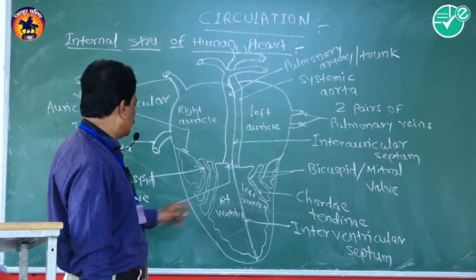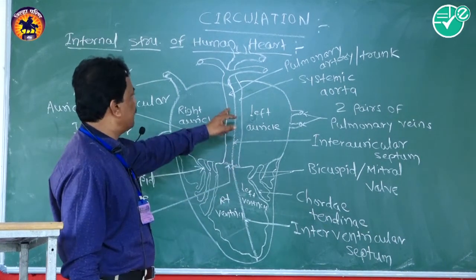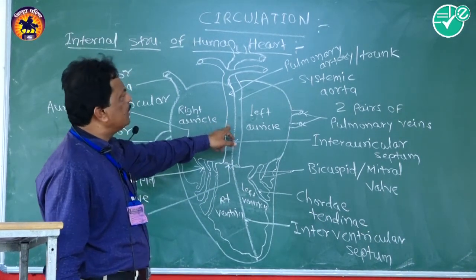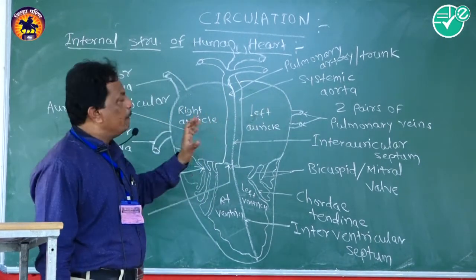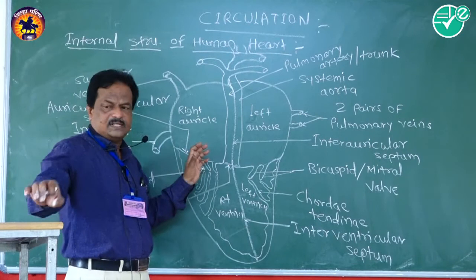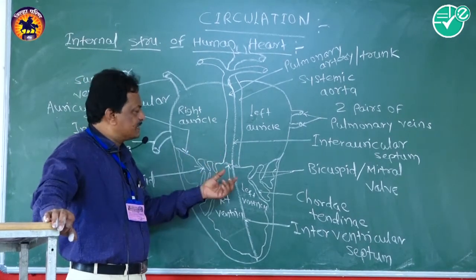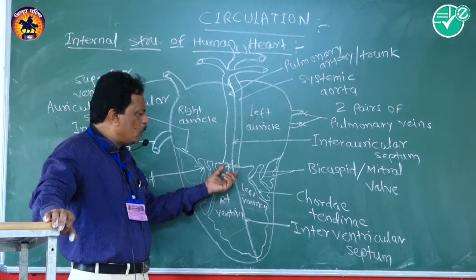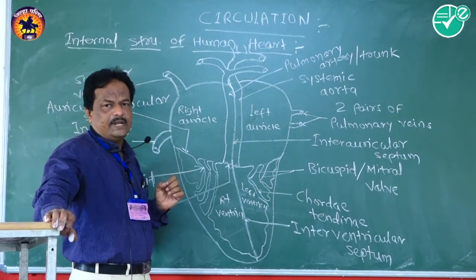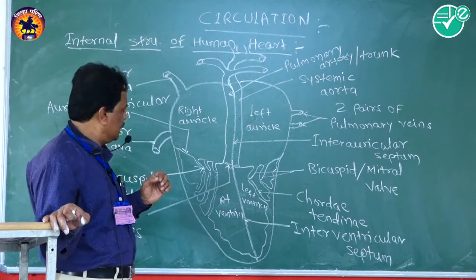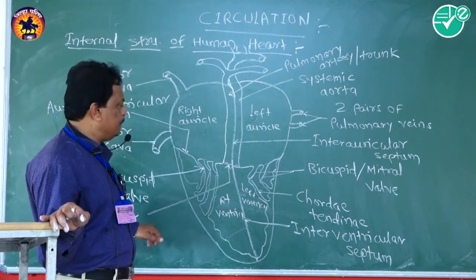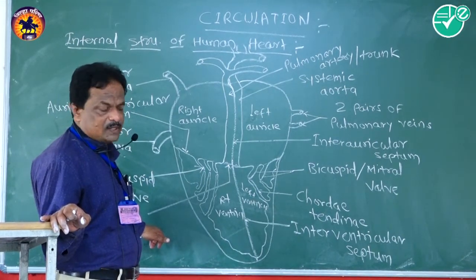Both of these major blood vessels, the pulmonary trunk as well as the systemic aorta, are covered with three flap-like structures, and these are known as semilunar walls.